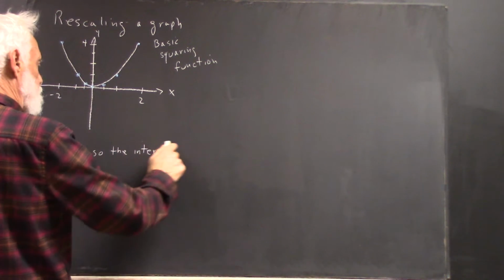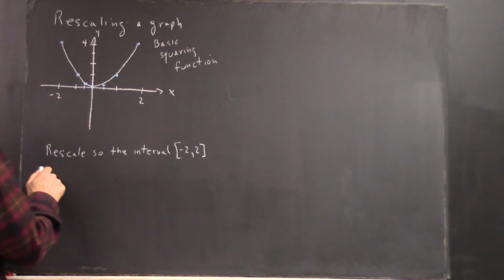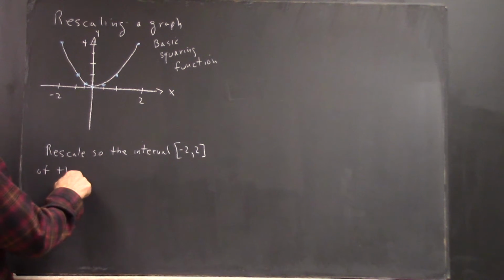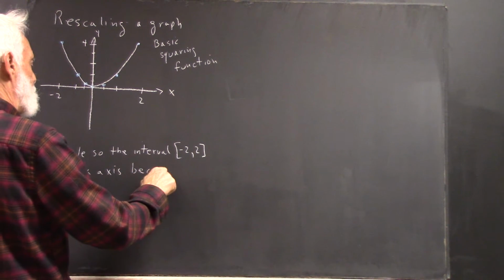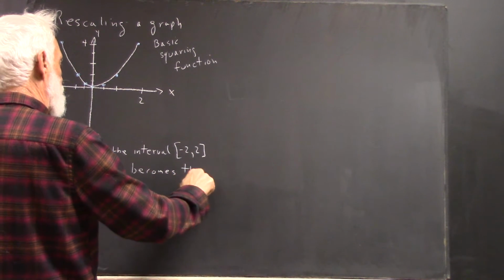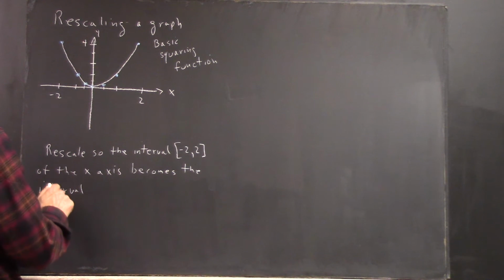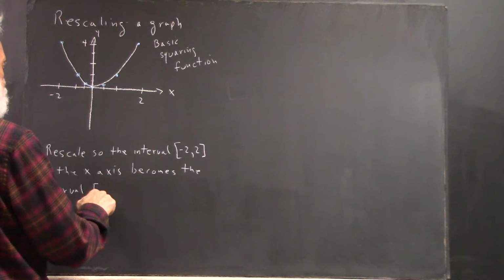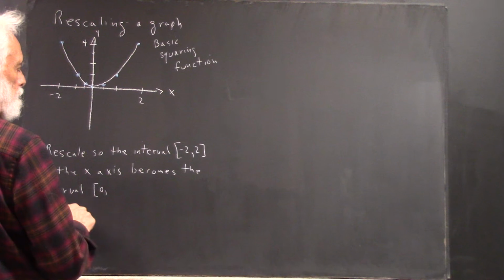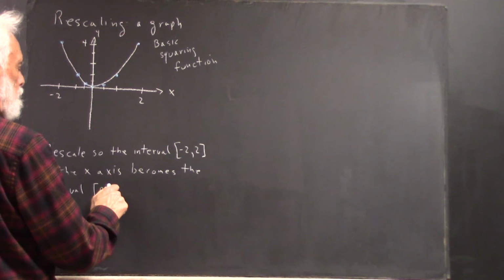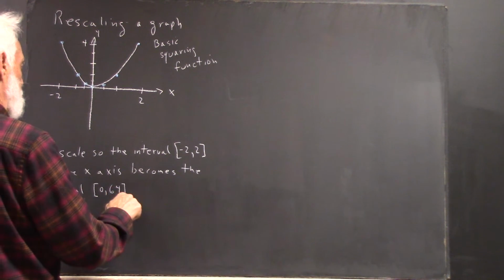So the interval -2, 2 of the x-axis becomes, let's say, keep it even, say 0, 64.